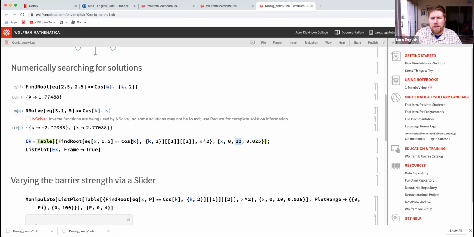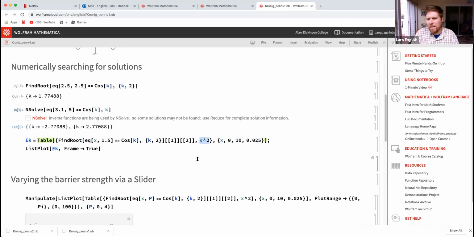We repeat this find root command every time, and it tabulates things in a table. Whatever the find root command spits out is the first entry, and then we're going to plot it against x squared. Why x squared here? You might have guessed x here is a placeholder for alpha, but when you square it, we get the energy. So I'm going to plot that against the energy.